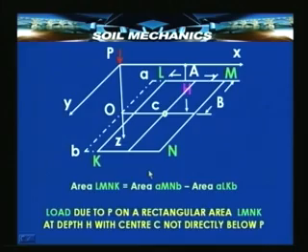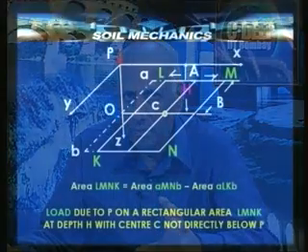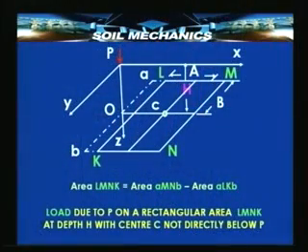See, we must remember that the formulae we have are applicable only for the corner of a rectangle. So, we must choose or we must divide the given rectangle in such a way that the point at which we want the stress lies at the corner of the given area.